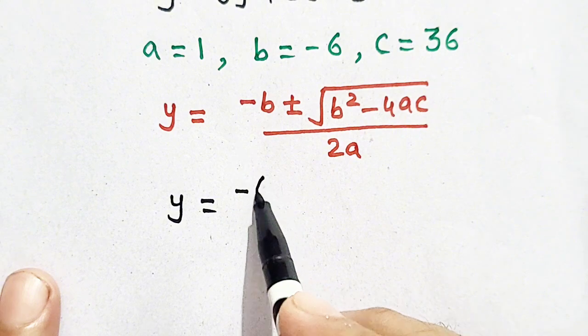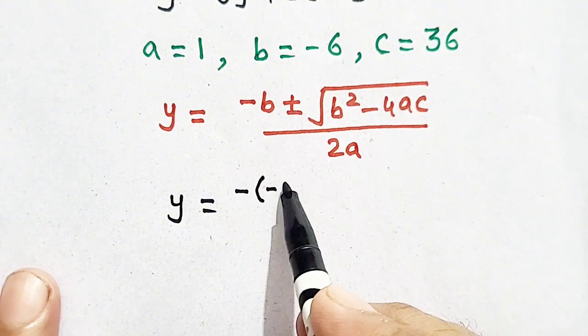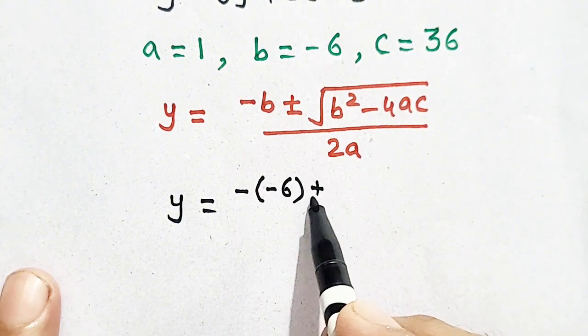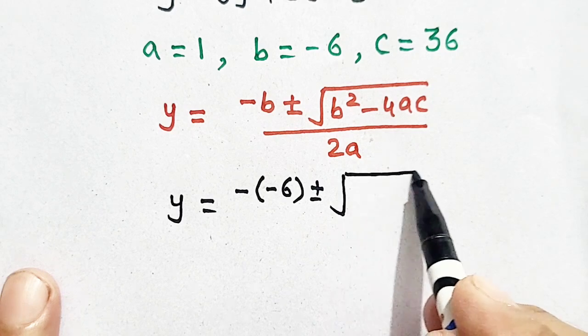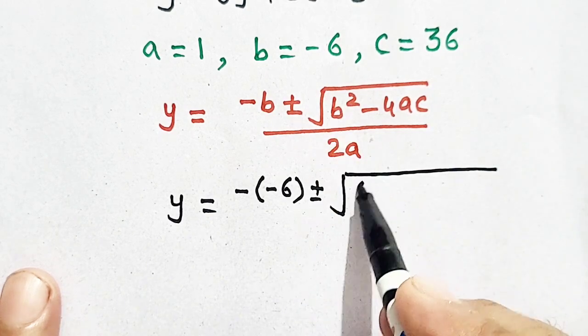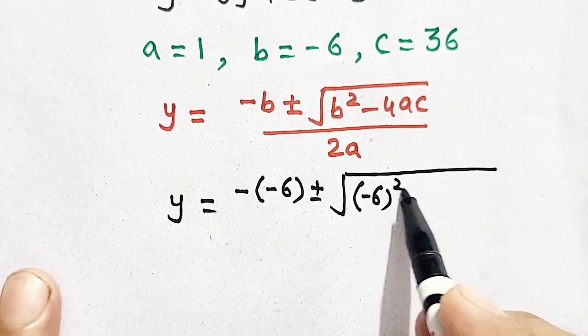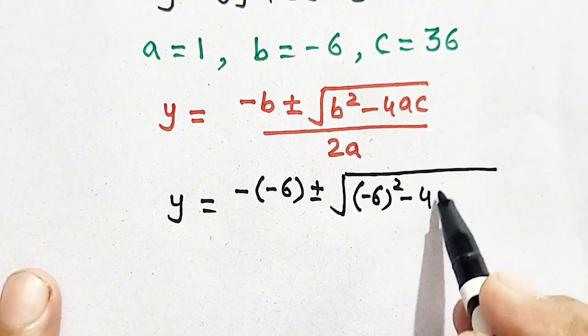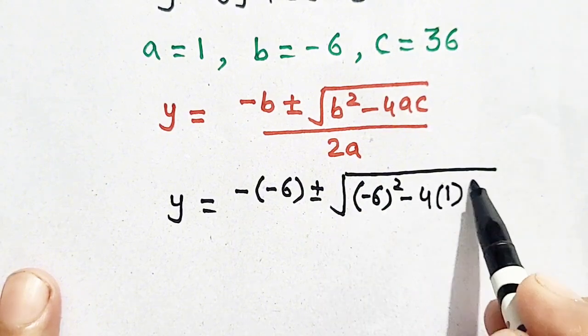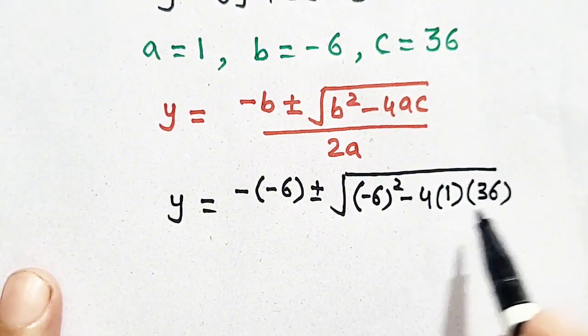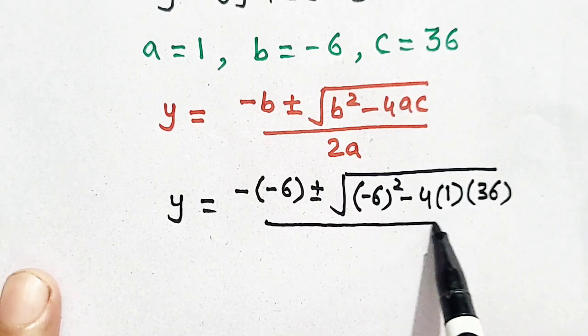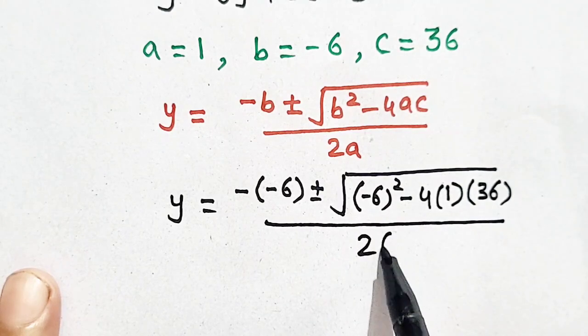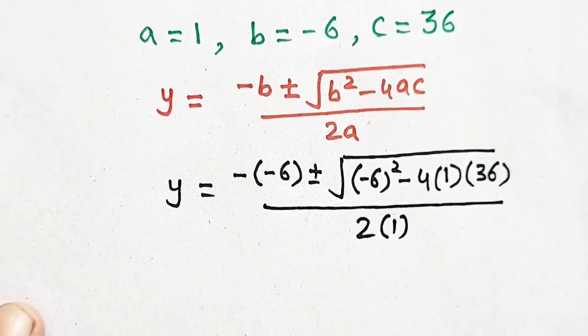Minus b, minus times minus 6, plus minus square root of b squared, which means minus 6 squared, minus 4, a means 1 and c means 36, divided by 2, a means 1.